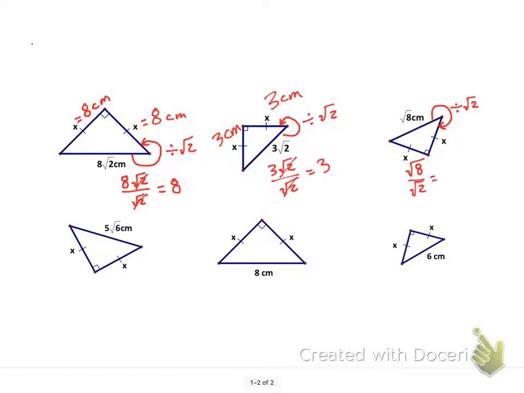What's that going to be? Square root of 4. We learned about these operations, and when they're both like terms like this, where they're both radicals, you can just do the straight up division. Square root of 4. Now, what is the square root of 4? 2. There you go. Look, it sounds like you guys are getting the hang of that one pretty well. So 2 centimeters here, 2 centimeters right there.